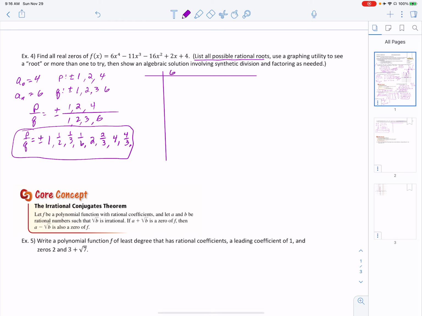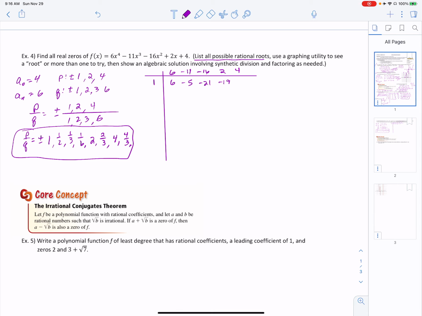And so we have our 6, -11, -16, the 2, and the 4. Make sure you have all descending powers, 4, 3, 2, 1, 0, and that if you need a 0 placeholder, you do that. We start with 1 and bring down the 6. 6 times 1 is 6, and -11 is -5. Times 1 is -5, and -16 is -21. Times 1 is -21, and 2 is -19.